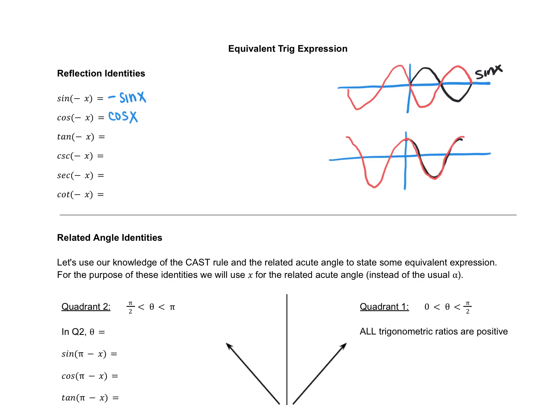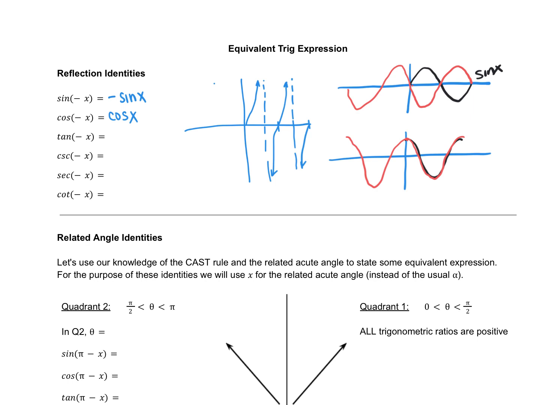And now let's look at our tan function. So the original tan function has asymptotes at pi over 2. So let's say pi over 2 is here, 3 pi over 2, and then 2 pi is there. So your tan function looks something like this, just from 0 to 2 pi.